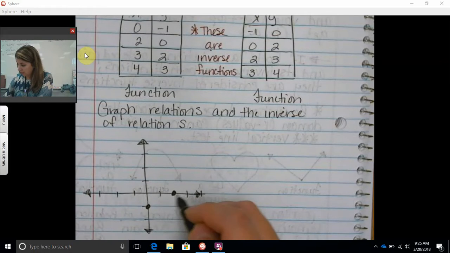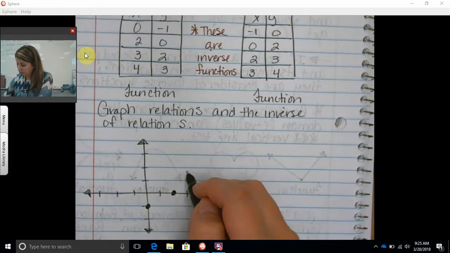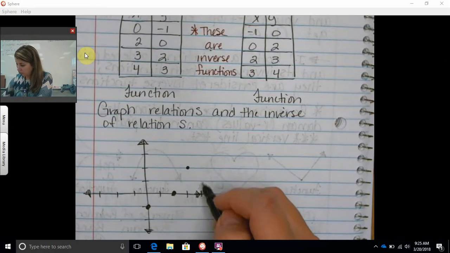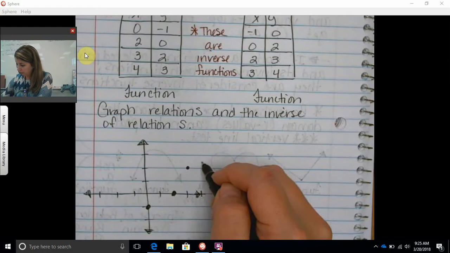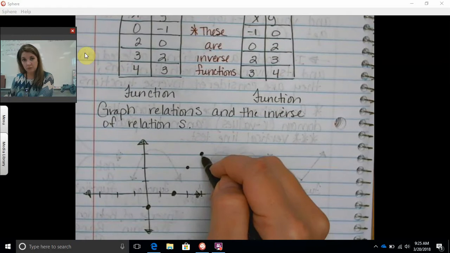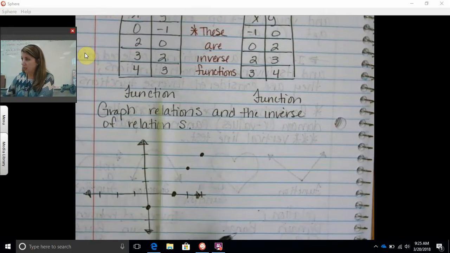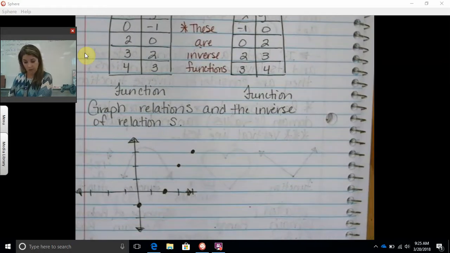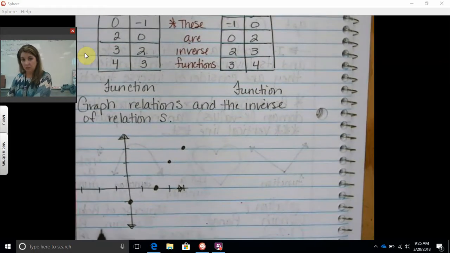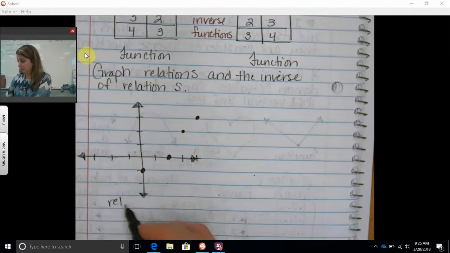When x is 3, y is 2. And when x is 4, y is 3. So graphically, can you see that that's a function? Yeah. No two points will end up on the same vertical line. So I'm just going to put relation S function.